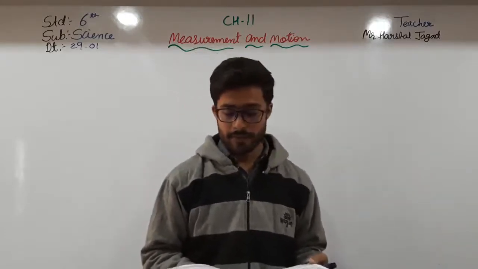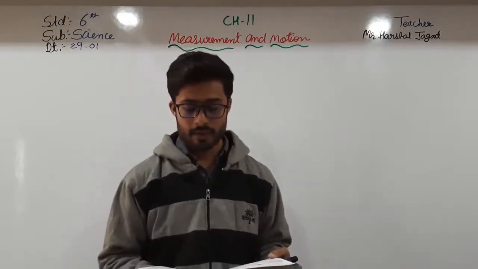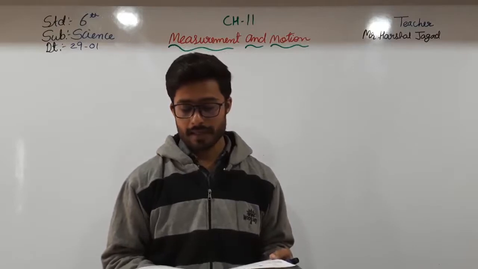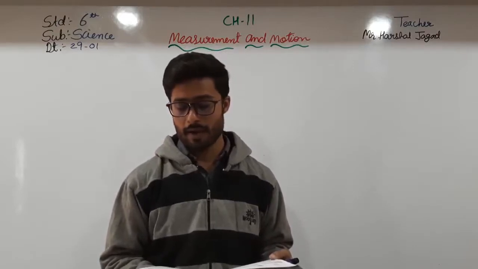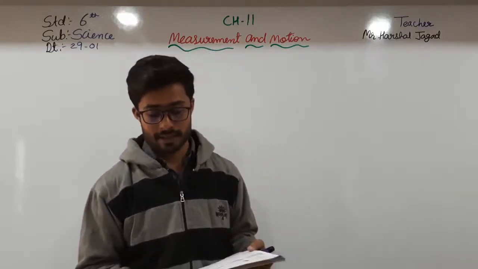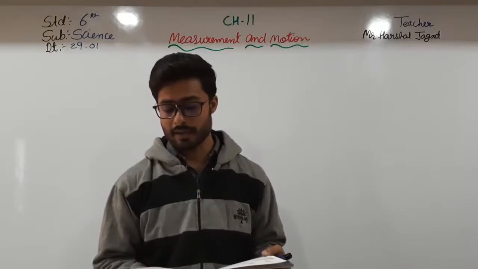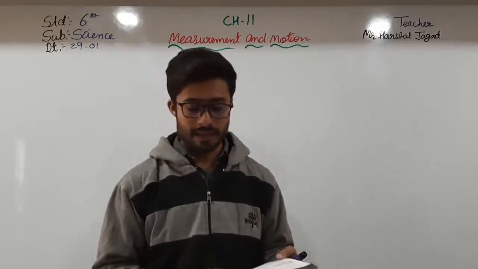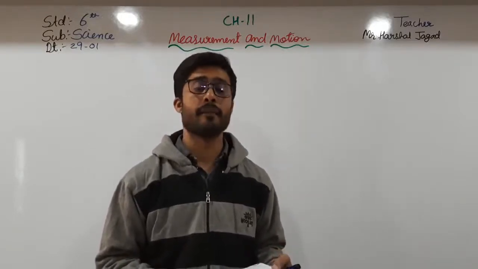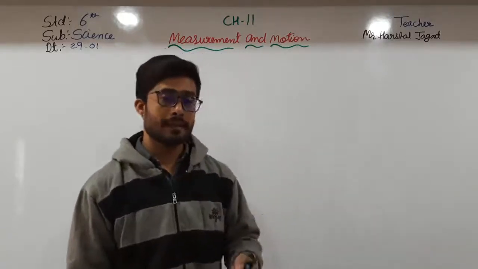People of different countries may use different sets of standard units of measurement. For the sake of uniformity, scientists all over the world have adopted a common system of units called the SI unit. SI is the short form of Système International in French. The SI unit of length is meter.